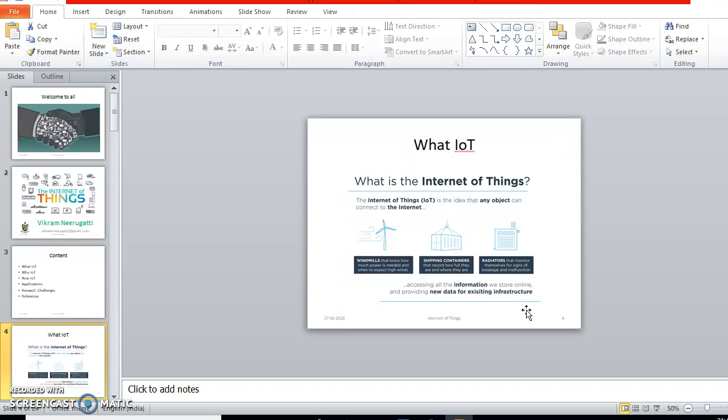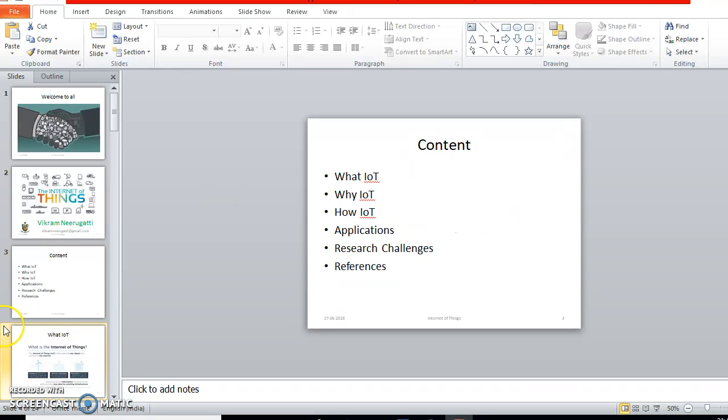Such things can be done with the help of IoT. Here, for example, I have shown three things: windmills can be connected, shopping containers can be connected, radiators, rather anything present in real time around us, around human beings, can be connected.